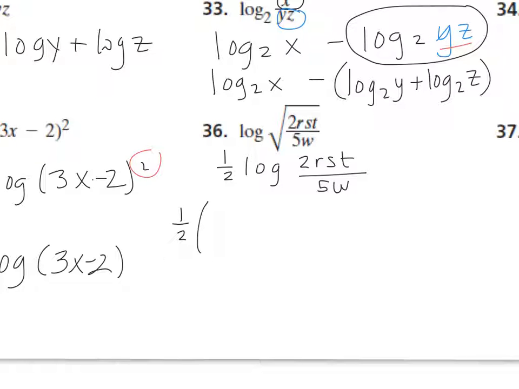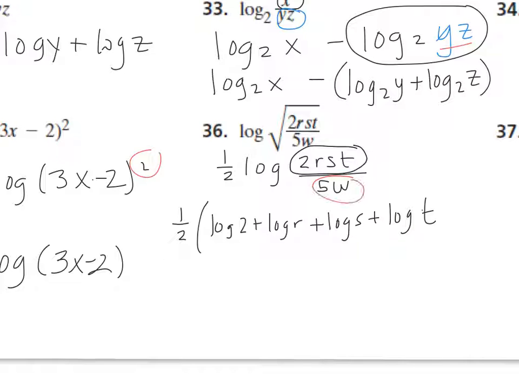out front. These are all being multiplied, so it's going to be log 2 plus log R plus log S plus log T, and then you're subtracting the 5 times the W because this is being divided by.